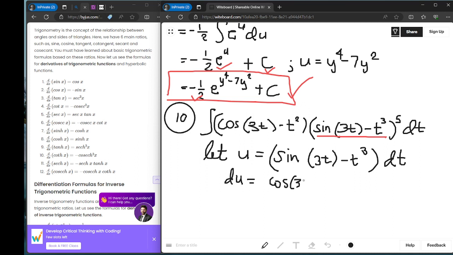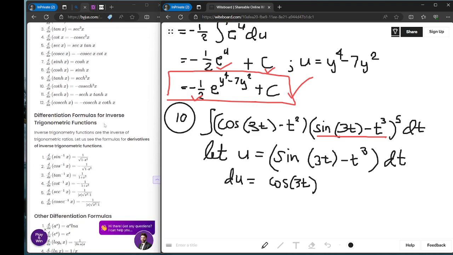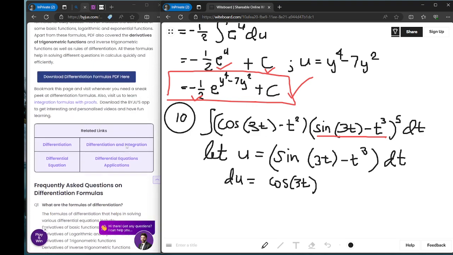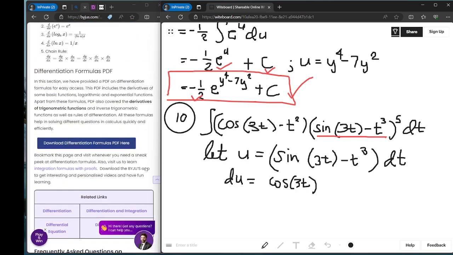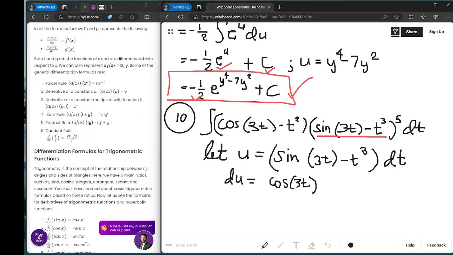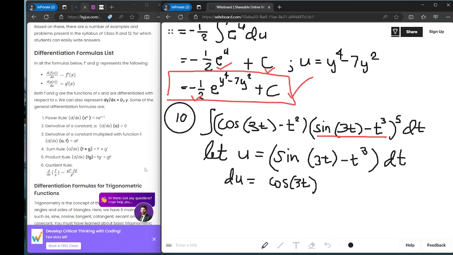So that would be cosine 3t times... I don't know, I forgot how to do the product rule. So this will become plus... I actually forgot.